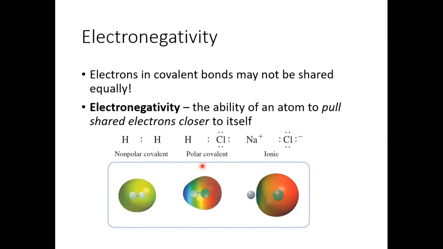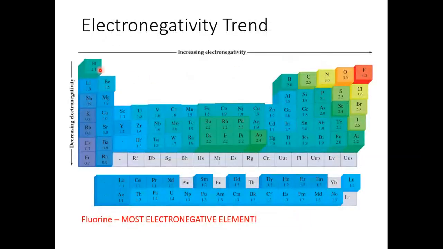But just looking at covalent, just looking at the sharing, here's our trend for those electronegativity values. Generally, as you move left to right, the electronegativity increases. As you move down, the electronegativity decreases.